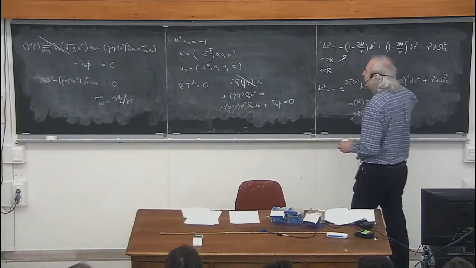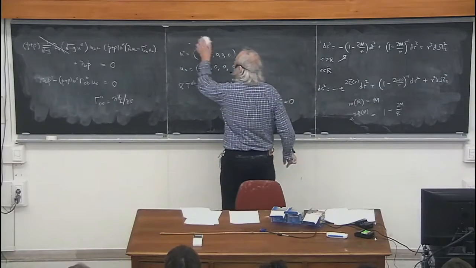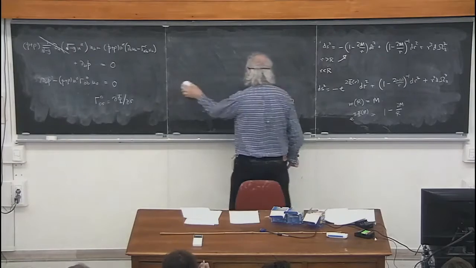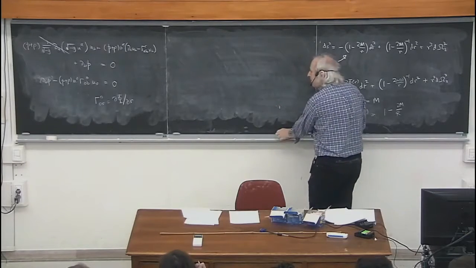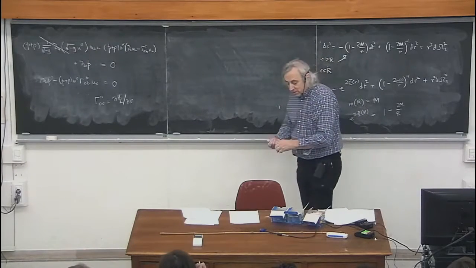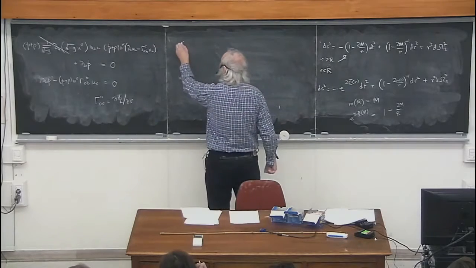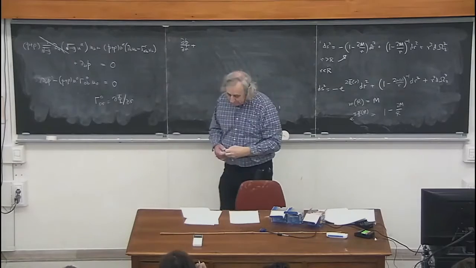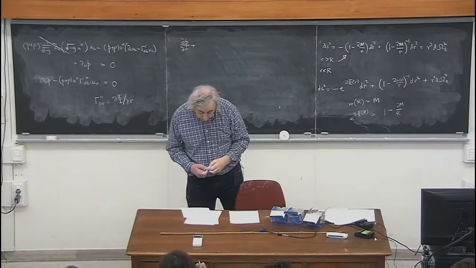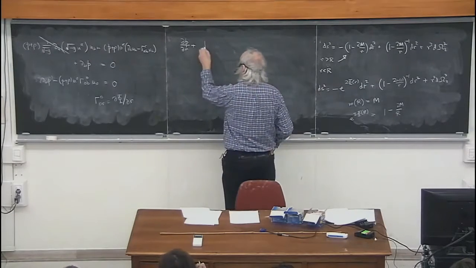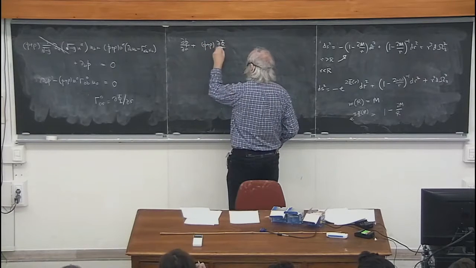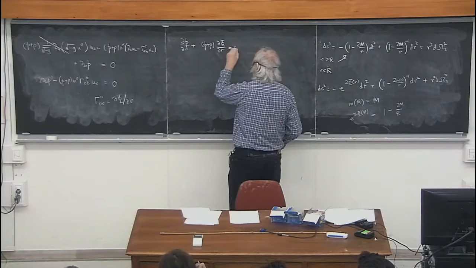I still want to keep this thing here, so I'm going to get rid of this. It reads dP dr plus (P plus rho) d phi dr is equal to 0.